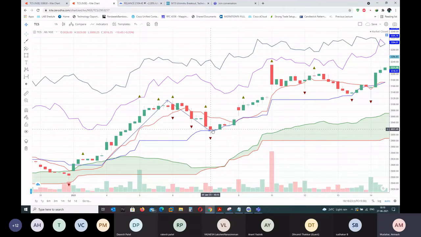Right now you see hammer, then inside, and then outside breakout. The first pattern is hammer, second is inside, third one is outside breakout. It's outside breakout because it's breaking out outside the hammer body.